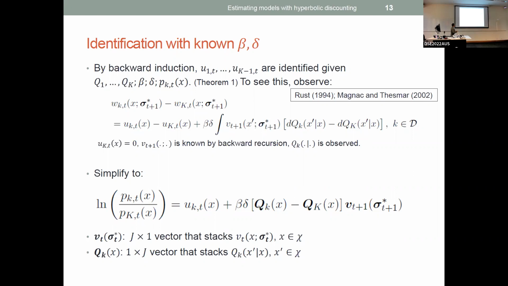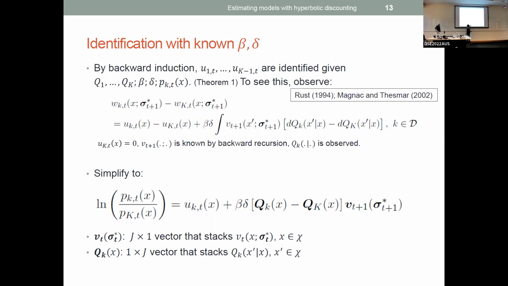We can simplify this by combining some equations. On the left-hand side, we have the contrast of the CCPs plus U small k, plus this hyperbolic discounting multiplicative factor multiplied by the differences in the state transitions times your long-run value function at t plus 1. The right-hand side is actually the same as before, except that we rewrite some notation.